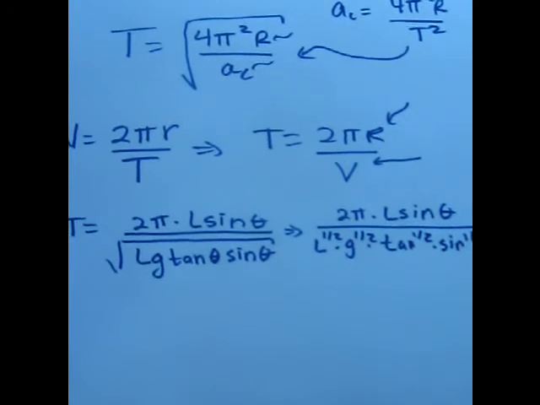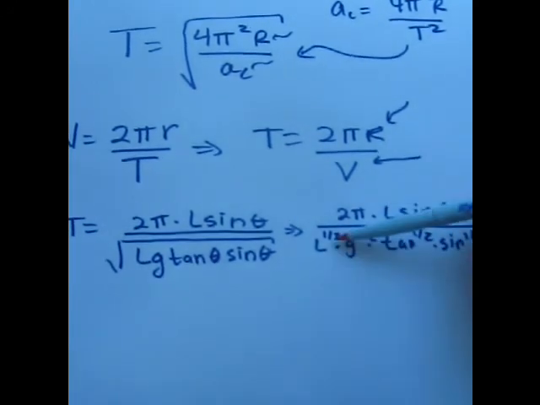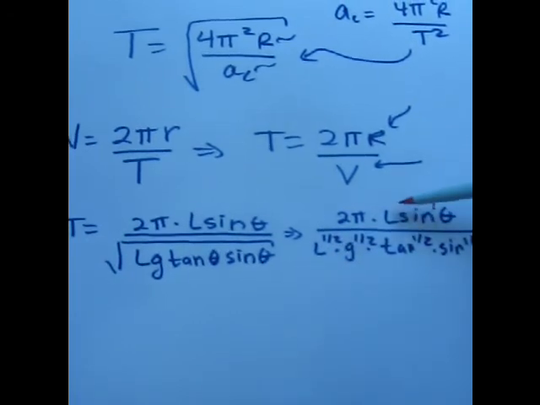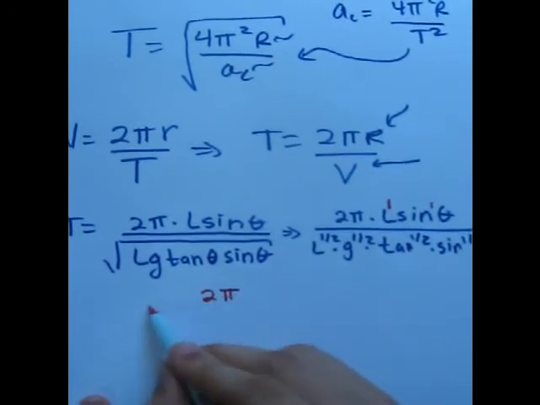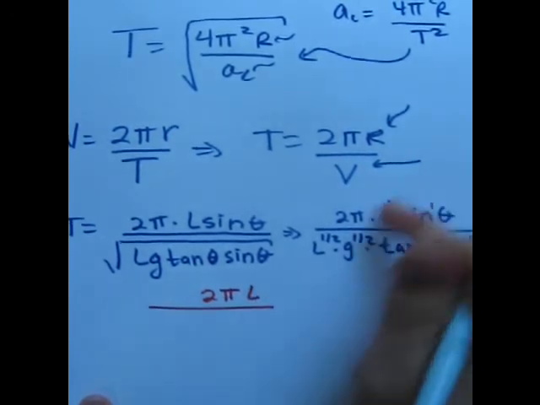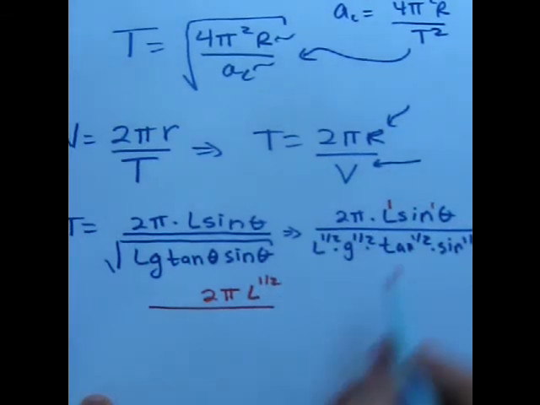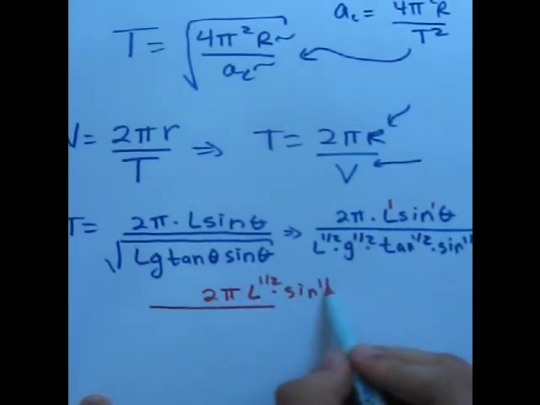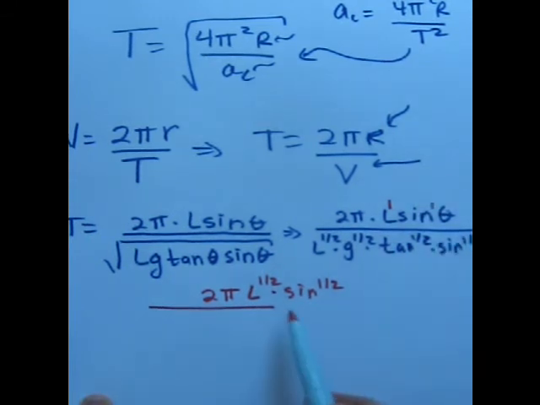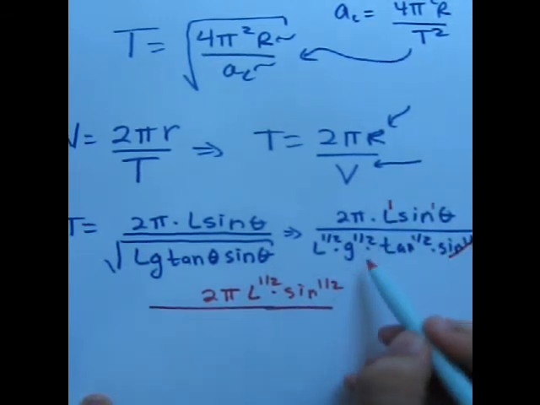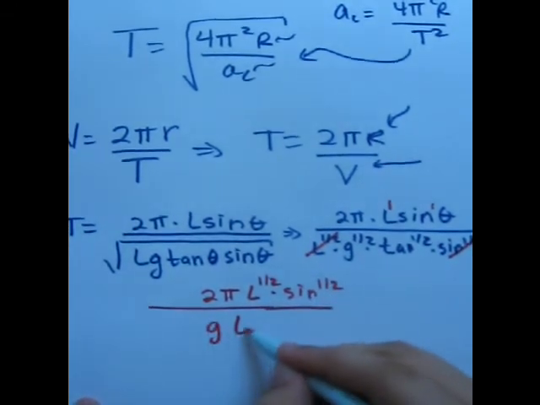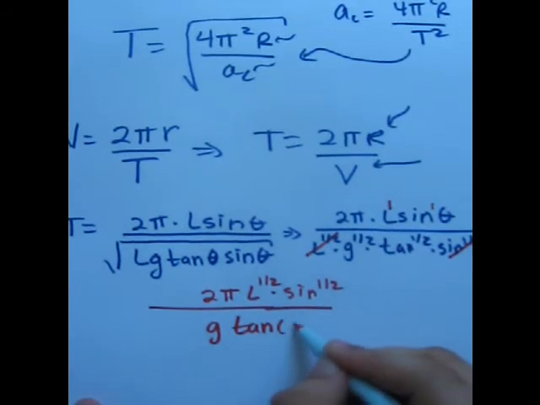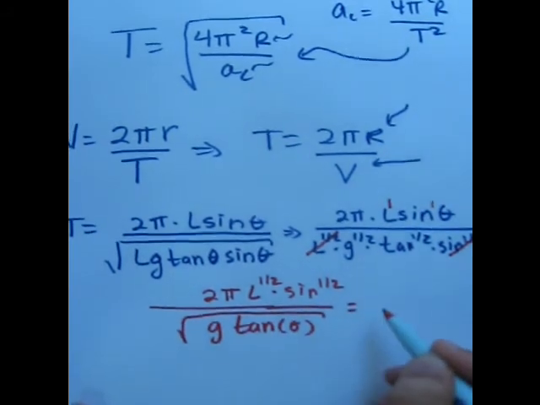Well, I have an L on top and a sine on top and the same thing in the bottom. So I'm going to do 1 minus 1/2 and then 1 here minus 1/2, and I'm going to end up with 2 pi, L to the 1/2, because 1 minus 1/2 is 1/2, times sine to the 1/2, because 1 minus 1/2 is 1/2. And I'm going to leave everything else the same way in the bottom. And you can put it back to square root.